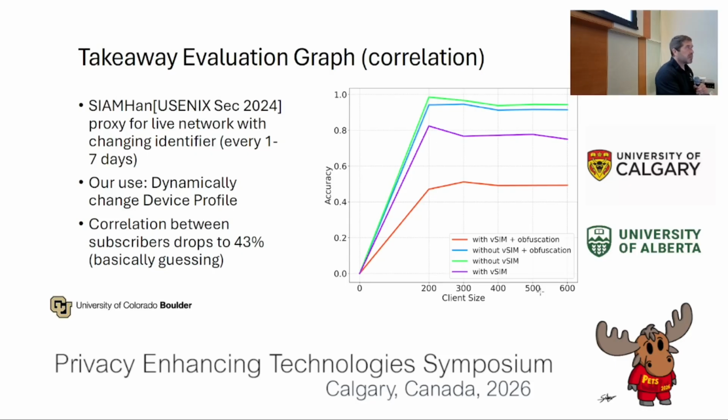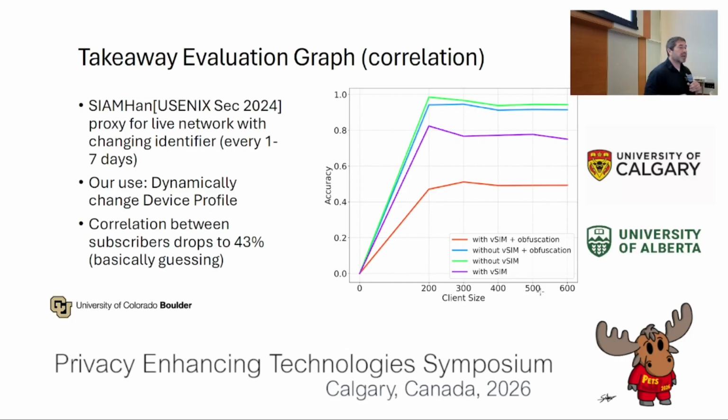So we used that as a proxy data set, and basically demonstrated that with vSIM and with obfuscation, we can bring down the correlatability, or linkability, whatever you want to say, between various subscriptions to below 50%.